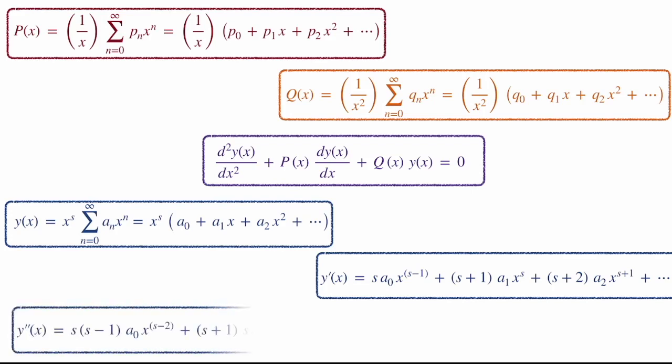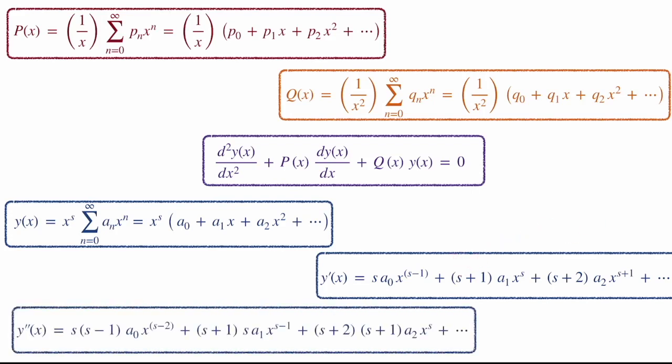Now, the second derivative can be obtained by differentiating this once again, and we obtain y double prime equal to s into (s minus 1) a0 x to the power s minus 2 plus (s plus 1) s into a1 into x to the power s minus 1 plus (s plus 2) into (s plus 1) a2 x to the power s.